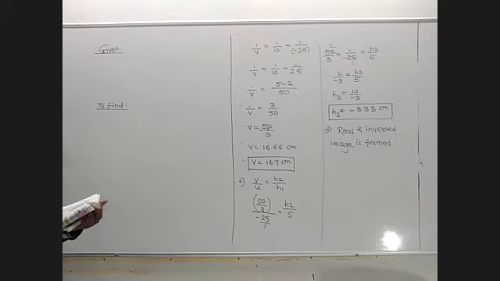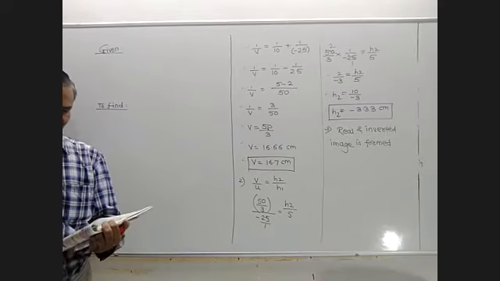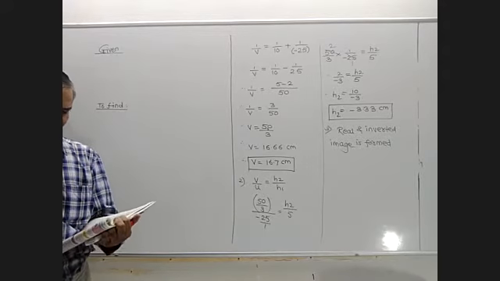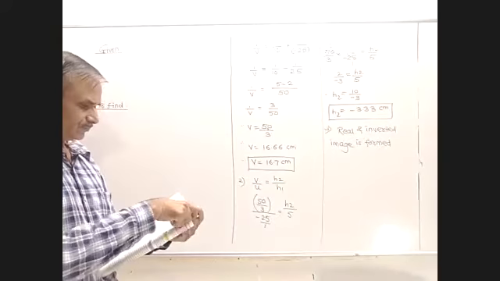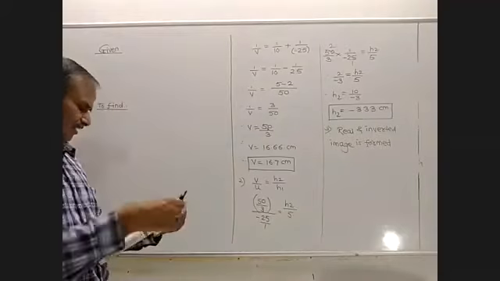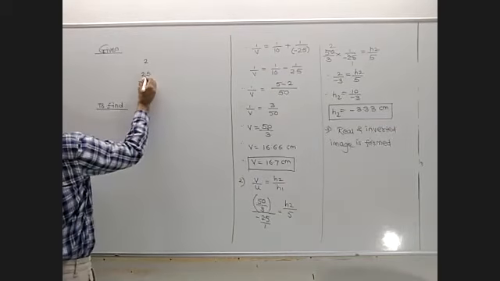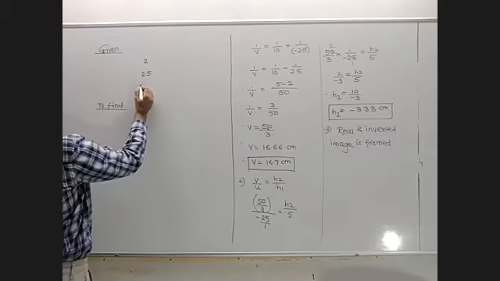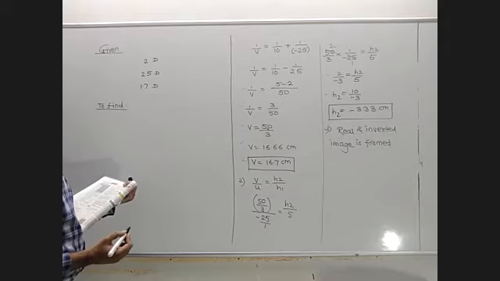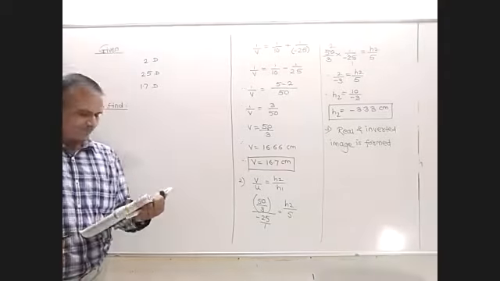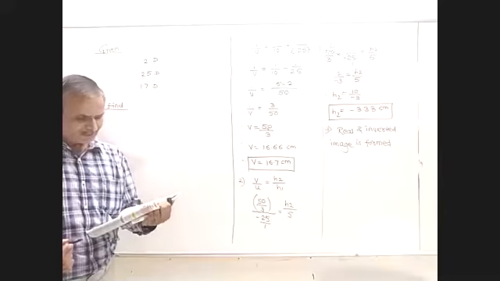And the next problem. Three lenses having power 2 diopter, 2.5 diopter and 1.7 diopter are kept touching in a row.